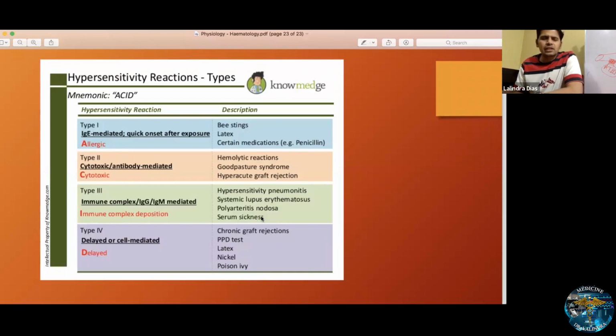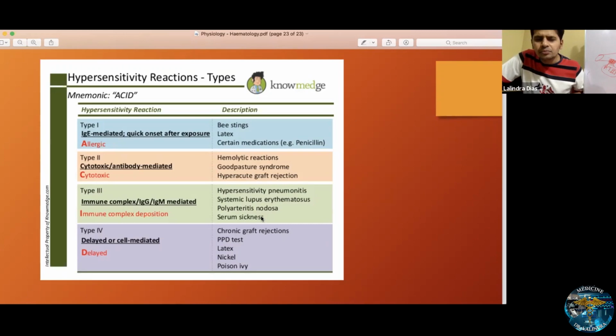Then type 3 hypersensitivity reaction means the patient has developed antibodies over a long period. So hypersensitivity pneumonitis, SLE, polyarteritis nodosa, those are the ones. Type 4 is called delayed hypersensitivity reaction.